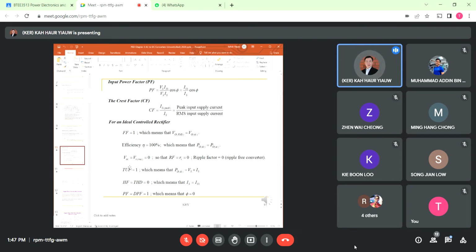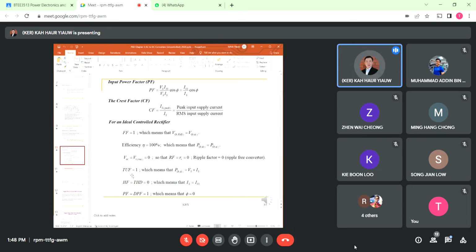The value of TUF determines the rating of your transformer. The higher the value, the higher the rating of your transformer must be in order to make it work properly. But the ideal one is equal to 1.